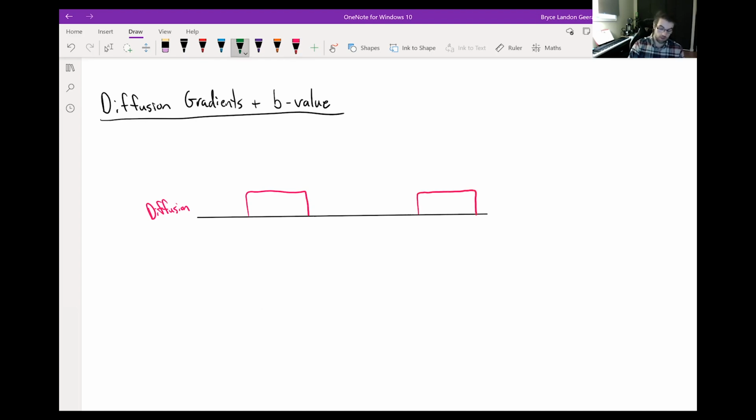In the middle here, there's a 180-degree pulse. It's not going to be drawn on the line here. But the time from the start of our first diffusion gradient to the end of our second or reversal gradient should be balanced, right? So this distance in the drawing should be the same as that distance.